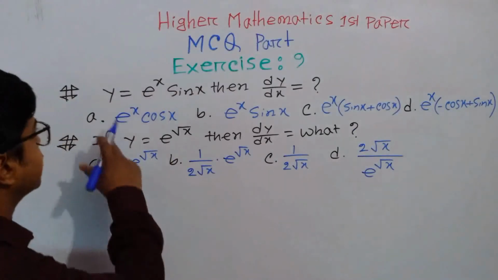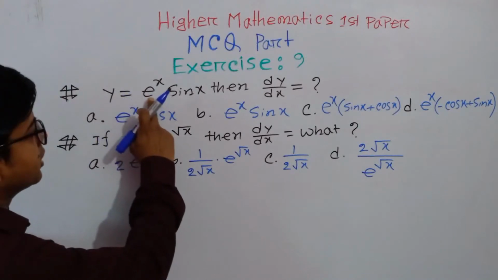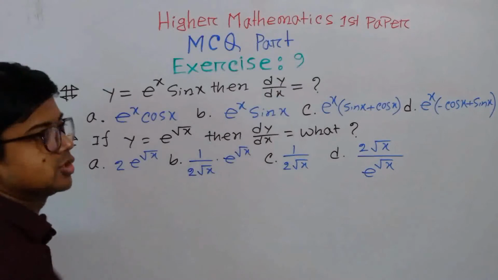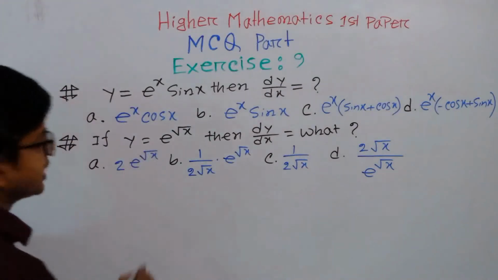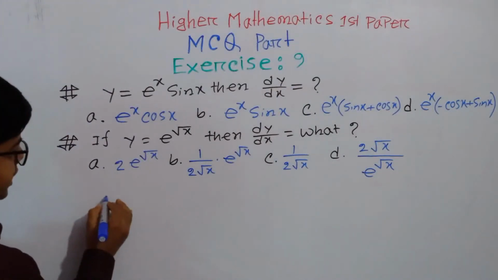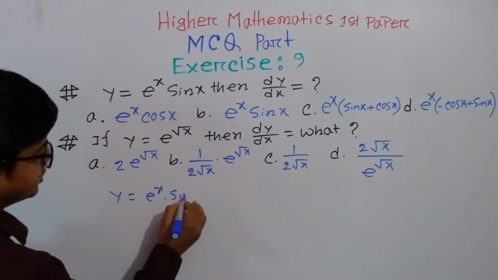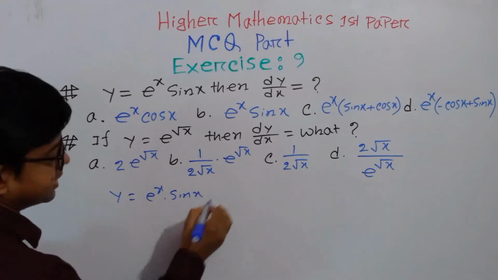Now look at this. Here y equals e to the power x into sin x, then d/dx of y equals what? Look at this here. Here y equals e to the power x into sin x.